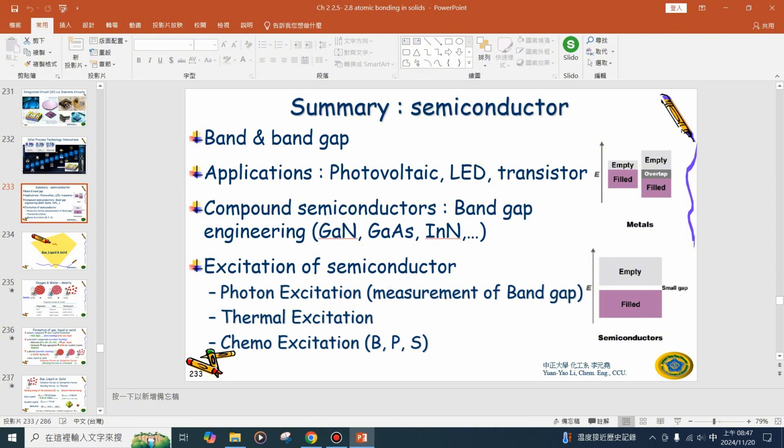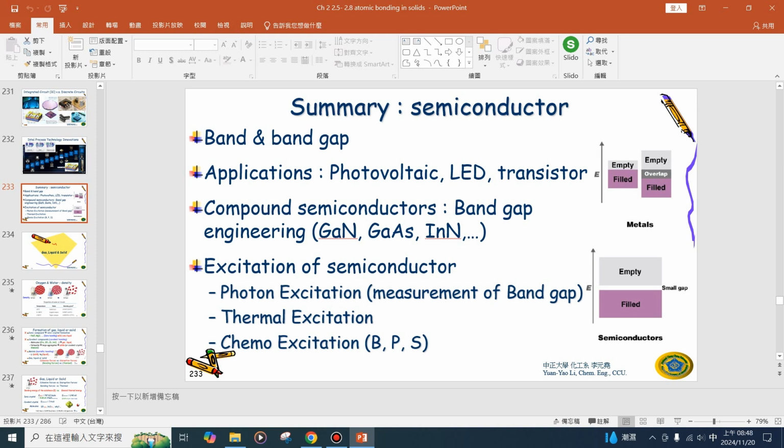Okay, and the second topic is thermal excitation, where we use thermal energy to change the conductivity of the semiconductor. And as we know, using thermal energy is very difficult to tune the conductivity of the semiconductor, because normally the temperature is too high, so the material will change phase from solid to liquid.